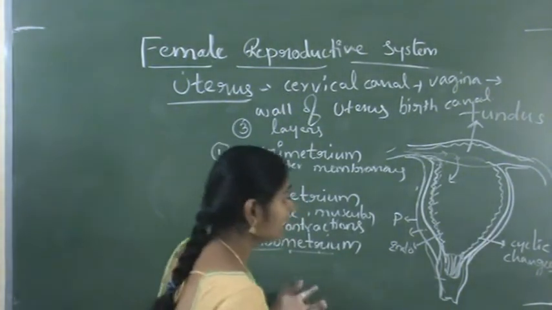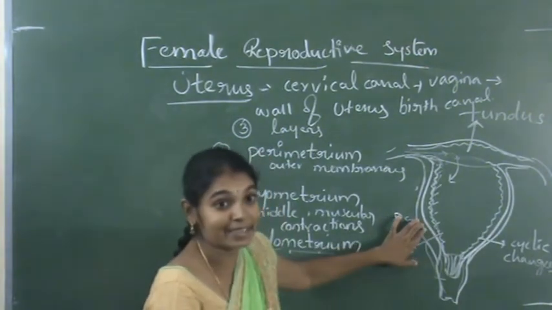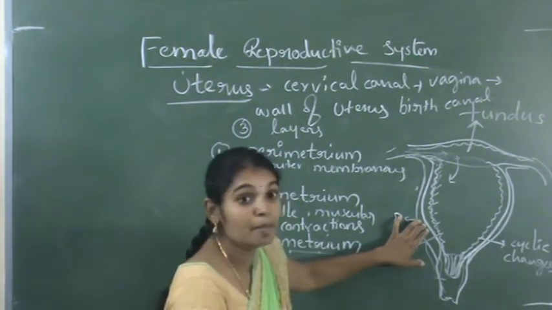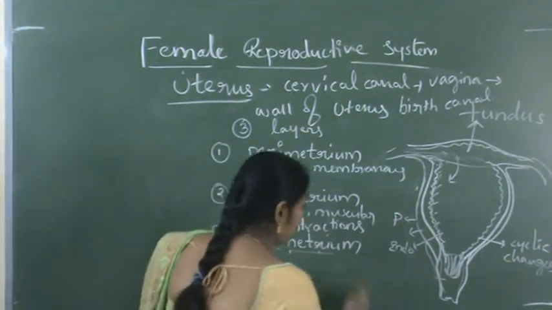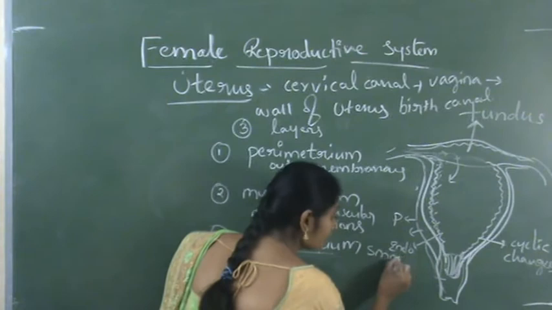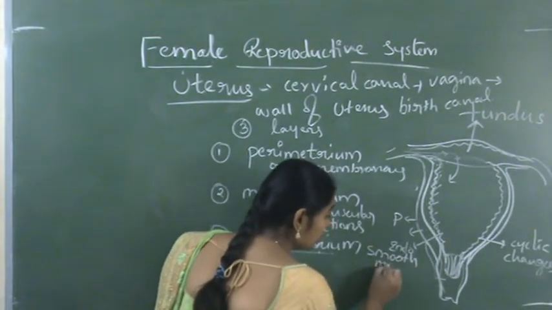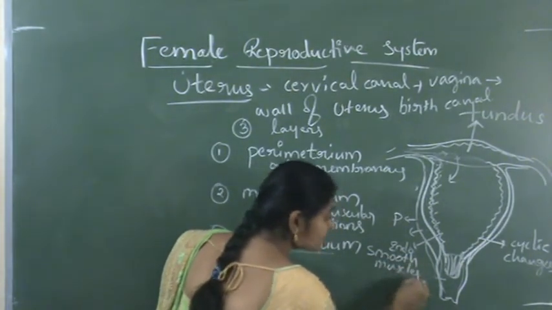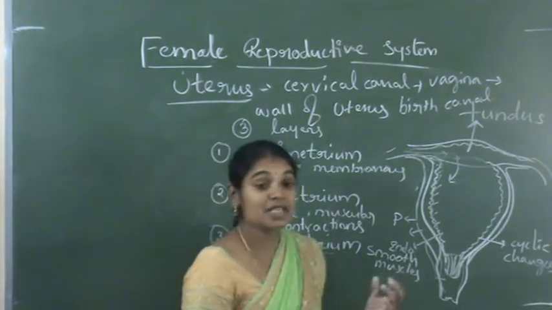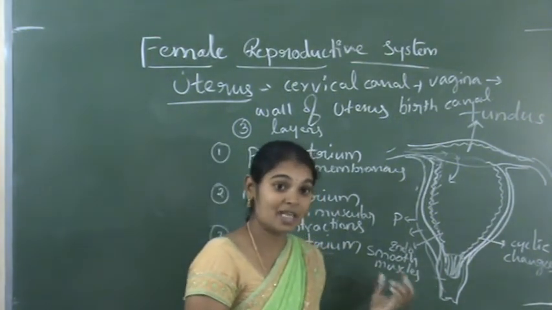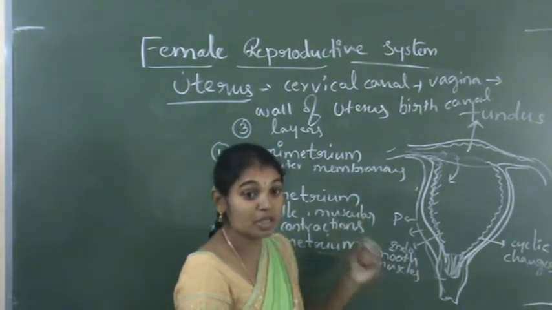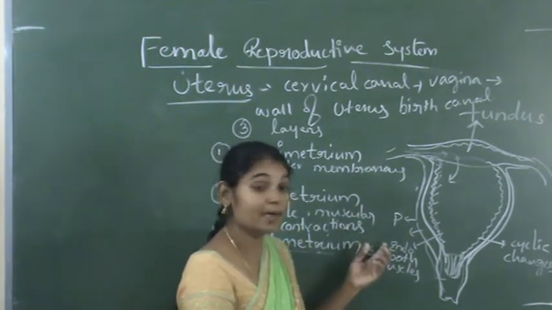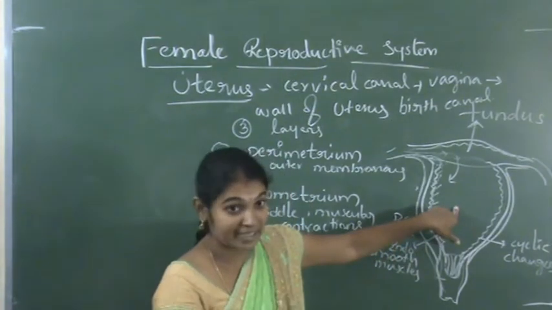During childbirth, the muscles present in the myometrium layer contract. These are smooth, involuntary muscles, but for their contraction there must be a stimulus. The stimulus is provided by the fully developed fetus.